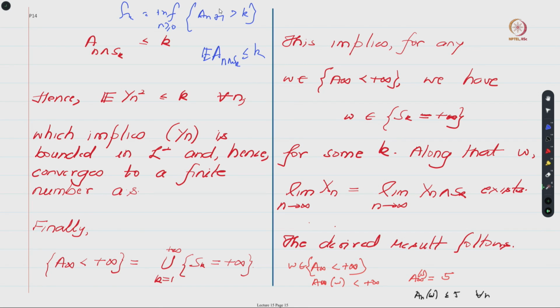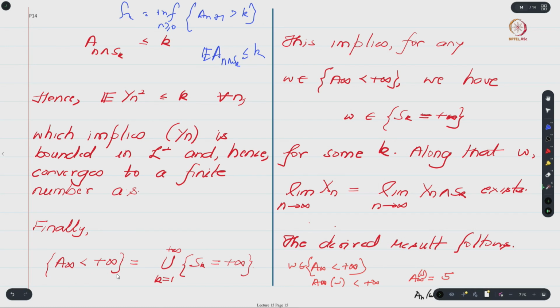On this omega your An plus 1 of omega will never be bigger than k, where k is chosen to be 5, in which case this will be an empty set, and by convention the corresponding Sk will be infinity. So from that observation one can see that A infinity less than infinity will only happen if Sk equals infinity for some k.